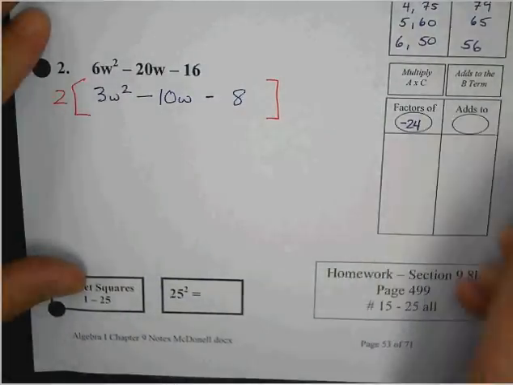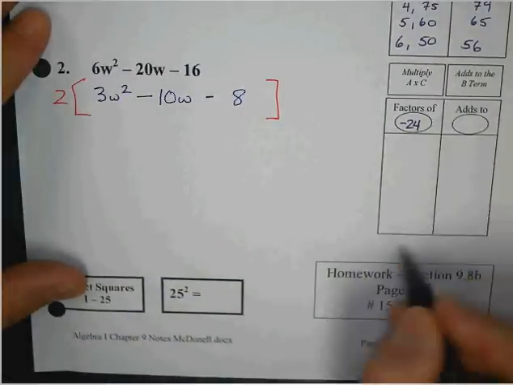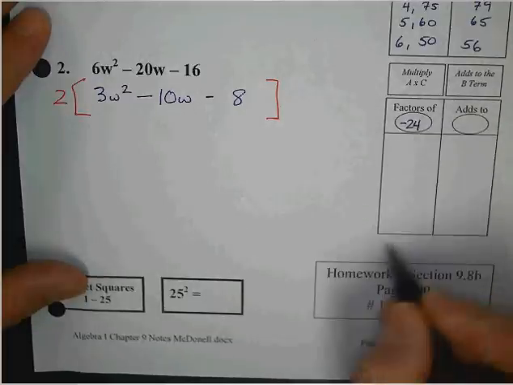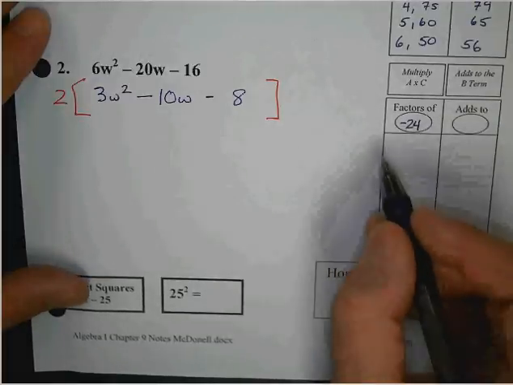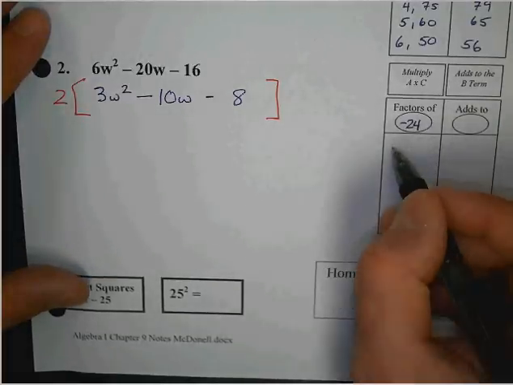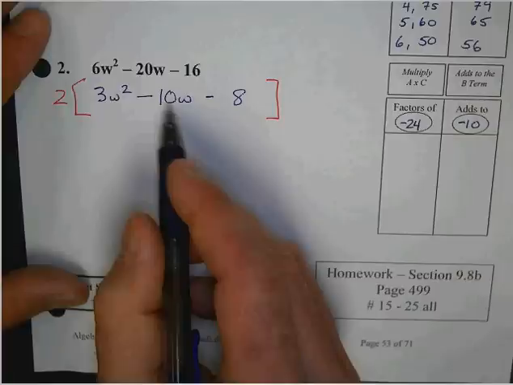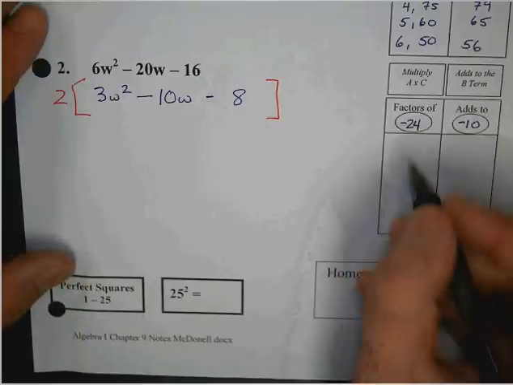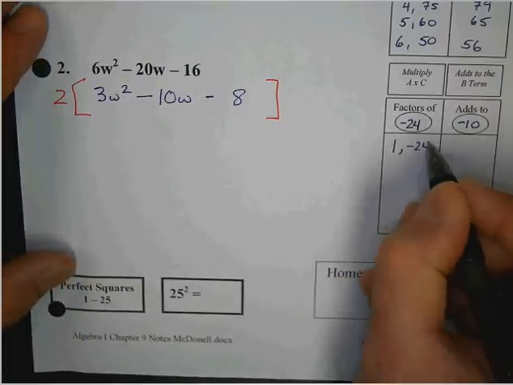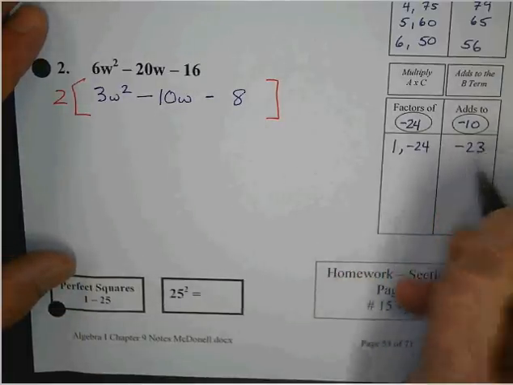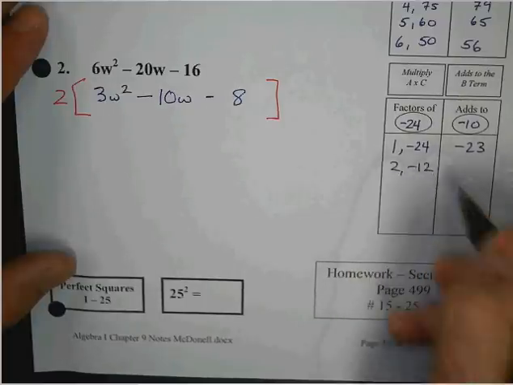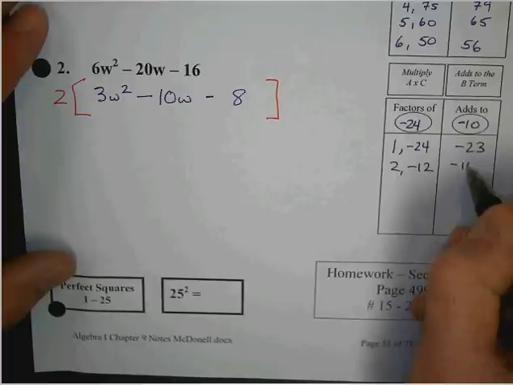The fact that it's a negative there, what does that mean for our factors? One's going to be a negative, one's going to be a positive. So, it has to add to negative 10, because that's the middle number. Here we go. 1 and negative 24, negative 23. 2 and negative 12, negative 10. There it is.